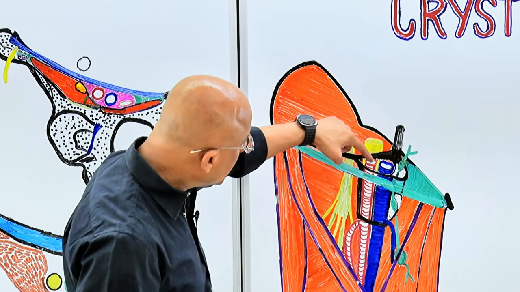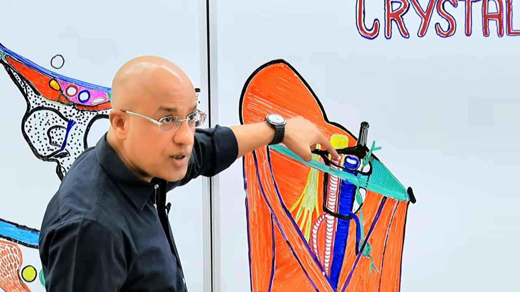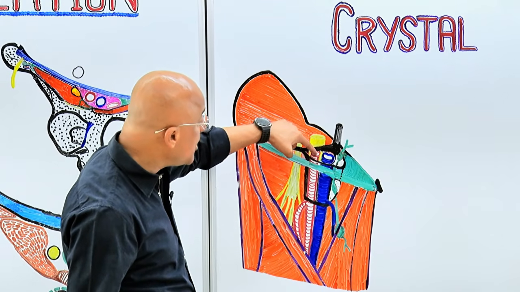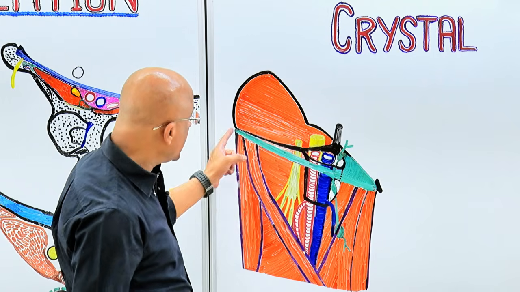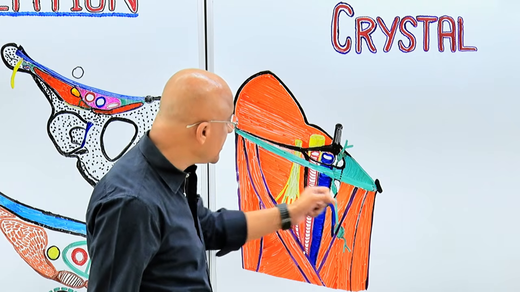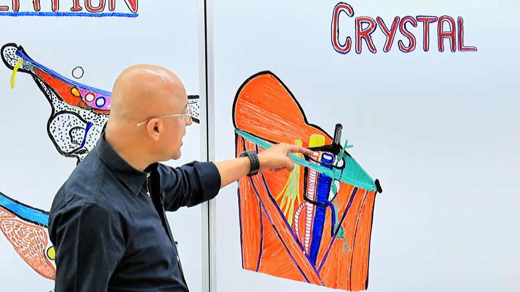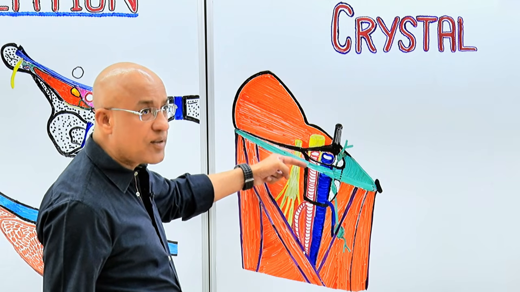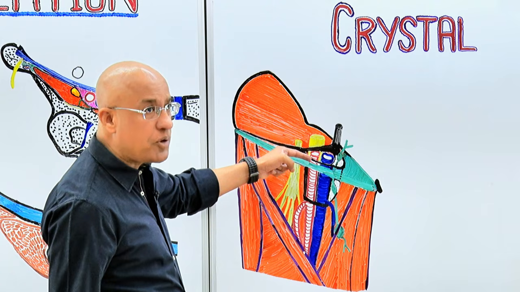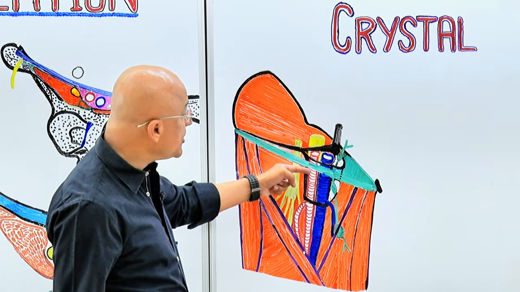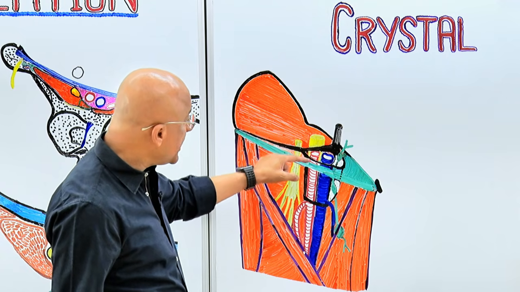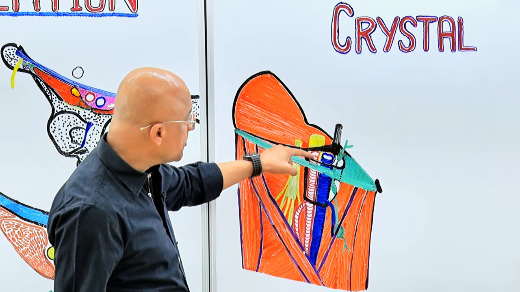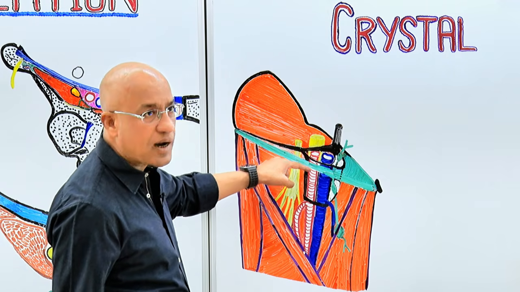This is the external iliac artery, present in the pelvis. Here is the inguinal ligament. The moment the external iliac artery passes under the inguinal ligament, it leaves the abdomen and pelvis and enters the lower limb. Here it changes its name from external iliac artery to femoral artery.